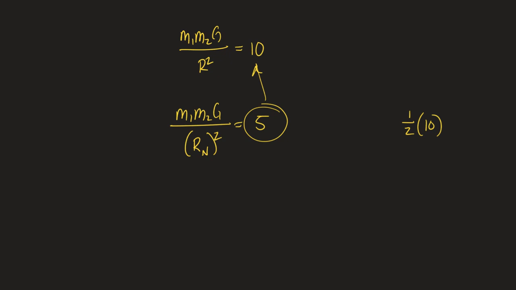I guess I did this the wrong way. Let me say this a little differently to help you understand what I'm doing. What do I have to do to this to make it look like that? I have to cut it in half, right? All right. So this equals half of 10, right? But 10 is m1 m2g over r squared.